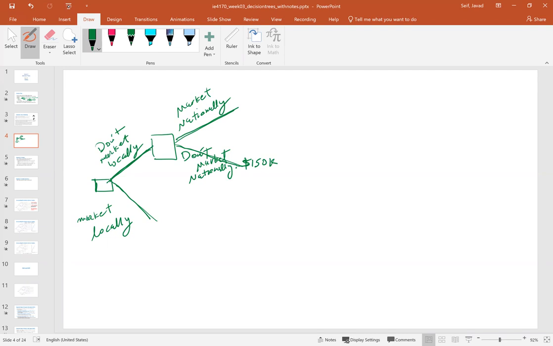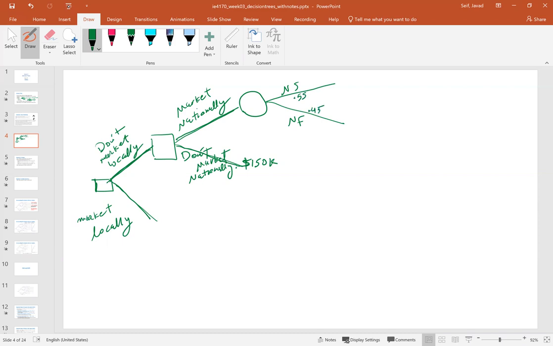So from this point on, it's out of my hands. So there is an event. If you don't market it, nothing happens. You just didn't do anything. If you market it nationally, two scenarios are going to happen. So I draw a circle here. One, it's a national success. Two, it's a national failure. And also the probabilities were given to me. One was 0.55, one was 0.45.